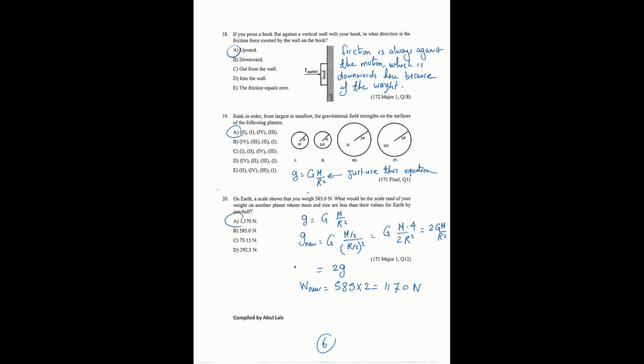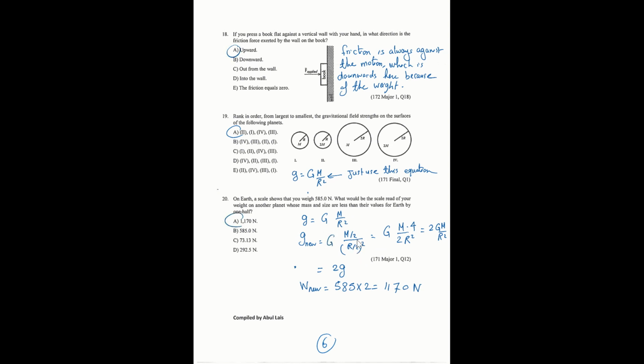Let's see number 20, and it says that on Earth, a scale shows that you weigh 585 newtons. What would be the scale reading of your weight on another planet whose mass and size are less than their value on the Earth by 1/2? Now that means that the mass becomes M over 2 and the radius becomes r over 2. Remember, it's r over 2 all squared again, so it becomes G M over 2 divided by r squared over 4.